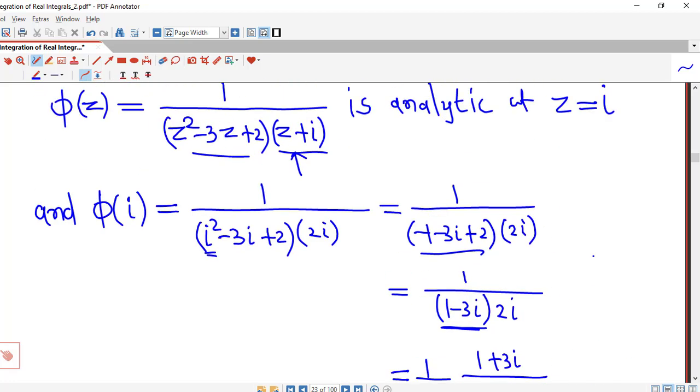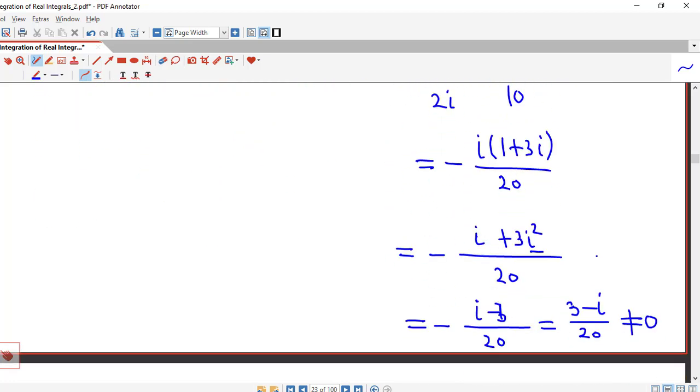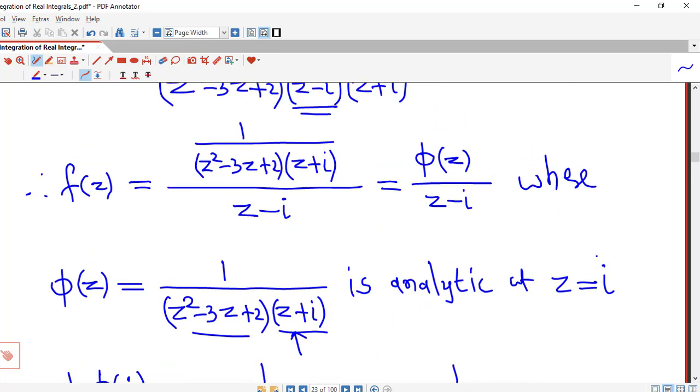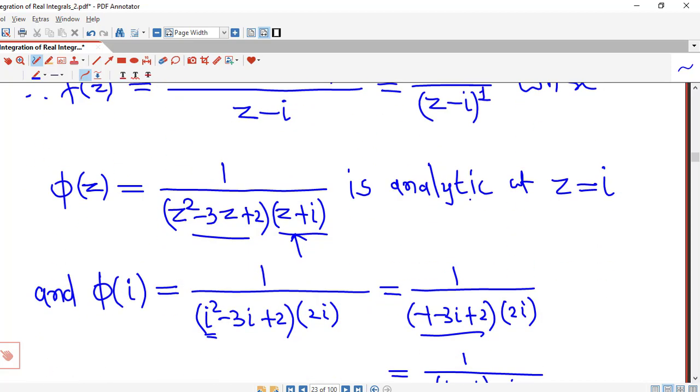So the value of phi at I is non-zero, which is (3 minus I) over 20, and phi is analytic at z equal to I, and f of z is written as phi of z over (z minus I) to the power 1.